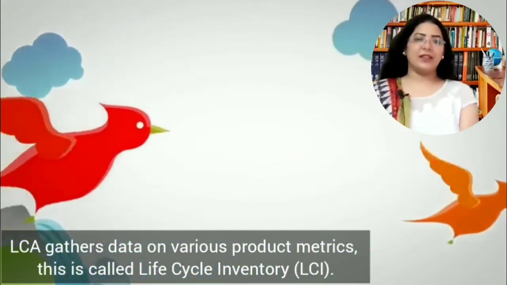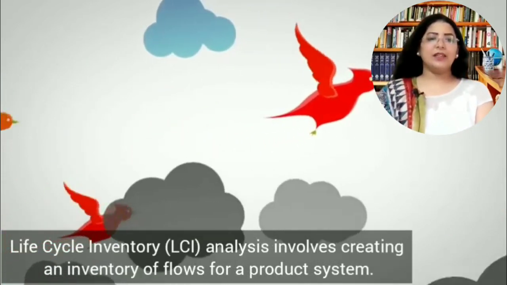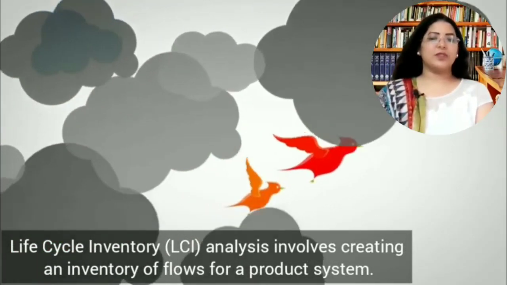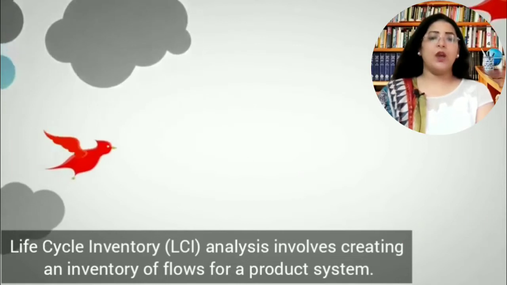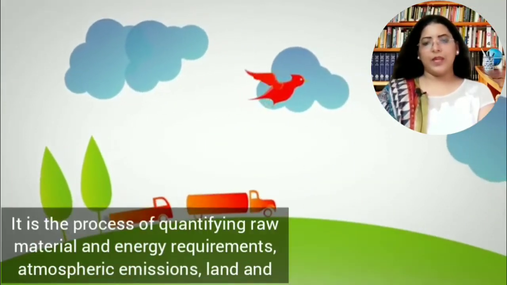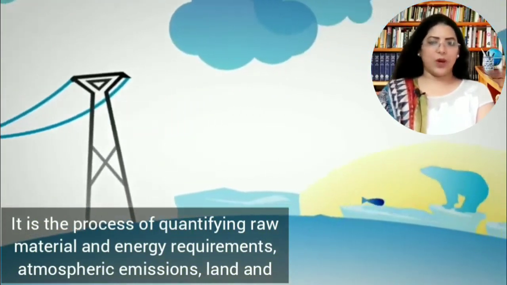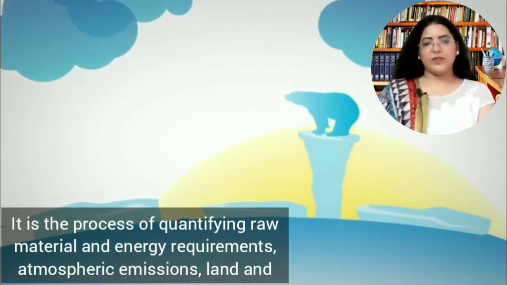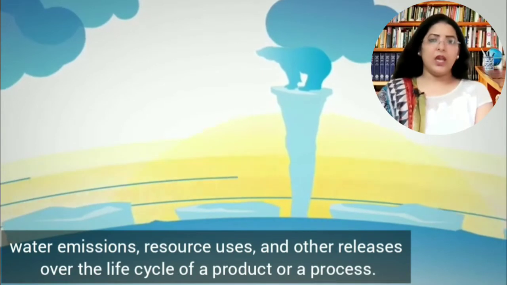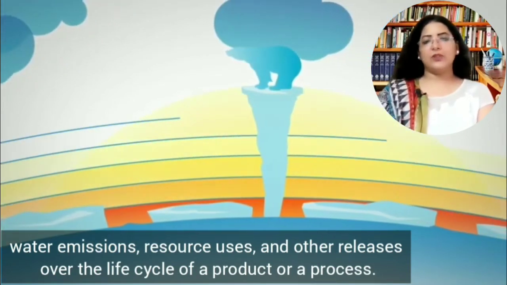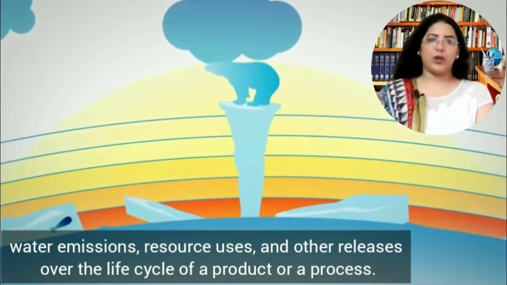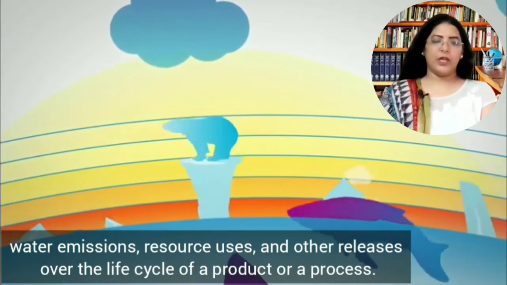This is called life cycle inventory. Life cycle inventory analysis involves creating an inventory of flows of product systems. It is a process of quantifying raw material and energy requirements, atmospheric emissions, land and water emissions, resource uses, and other releases over life cycle of a product or a process.